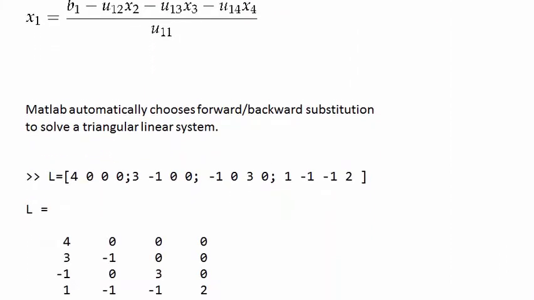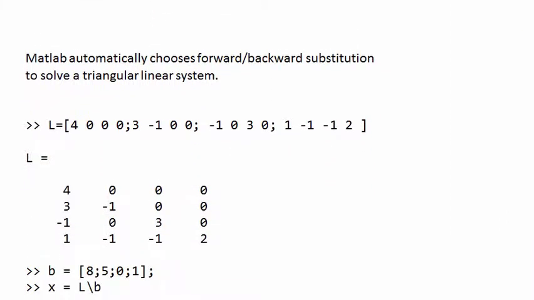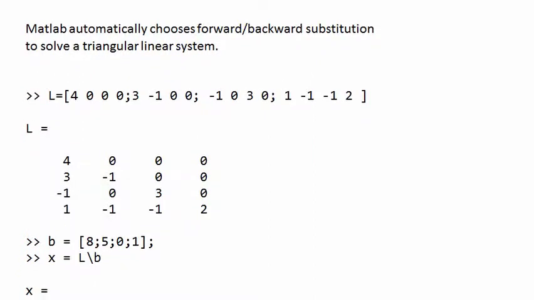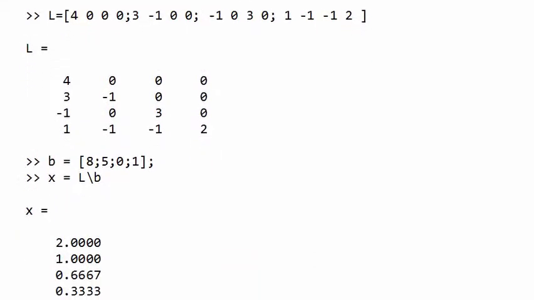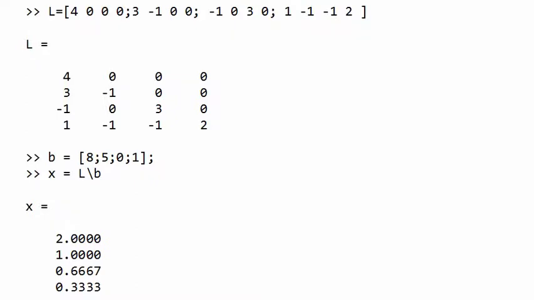Also, just as a side note about MATLAB, MATLAB is smart enough to figure out when you have a triangular system and apply the correct kind of substitution automatically. So here you see the same lower triangular system as above. I called the matrix L instead of A because it's lower triangular, but they're the same as in the example above.